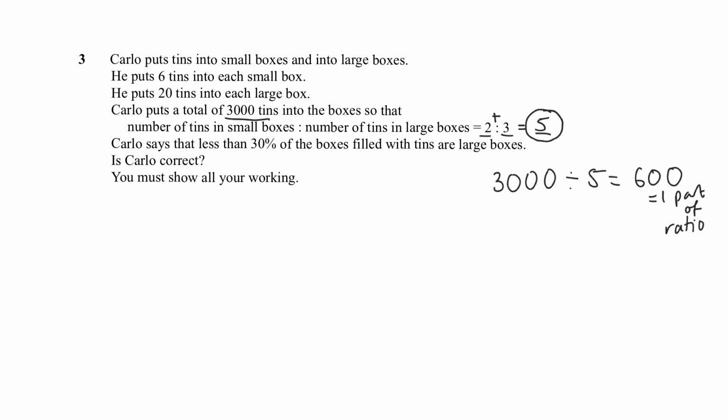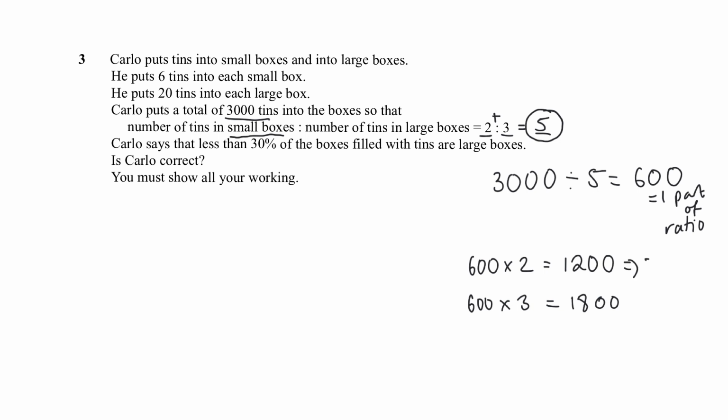Because we always say that each number in a ratio is by parts. So to work out the total number of tins that you would have in small boxes, you would do 600 times 2, because 2 is the number representing the tins in the small boxes, for 3 tins in a large box. That would leave you with 1,200. And if you did 600 times 3, you would get 1,800.